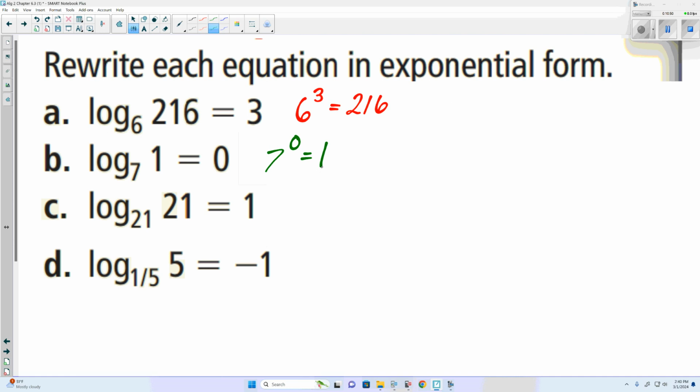Questions, additional questions on these first two so far? C, log base 21 of 21 equals 1 would be 21 to the first is equal to 21. And the last one would be 1/5. You could put the parentheses. We don't necessarily have to.